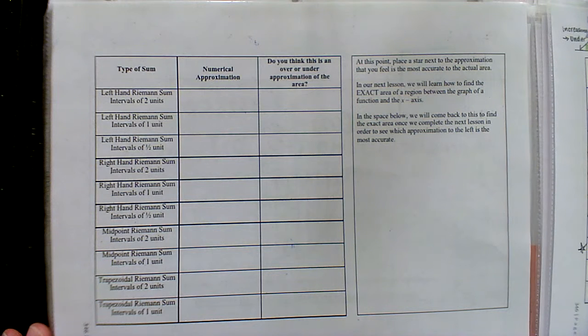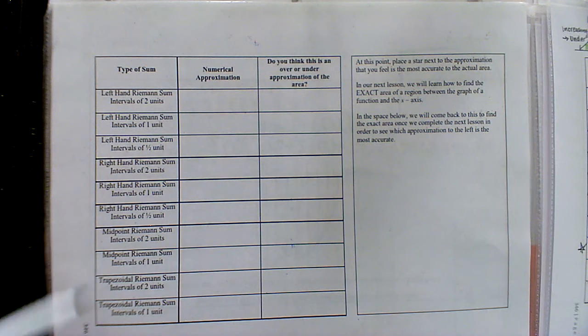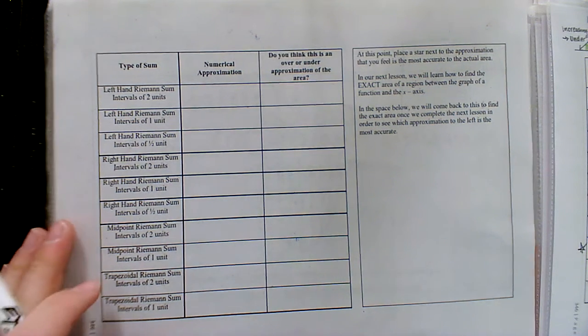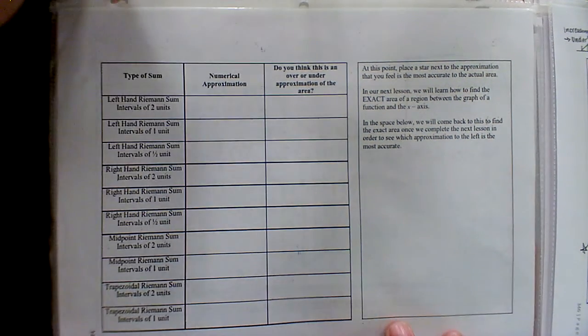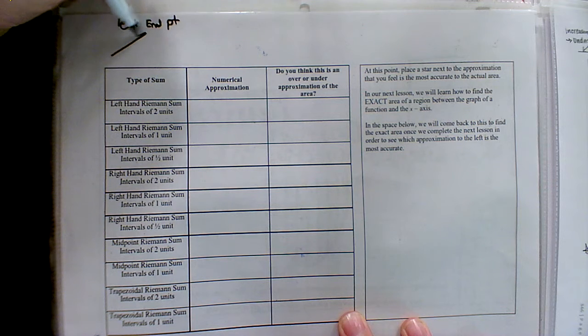Before we start filling this in, let's think of what we've gone through already, because we're going to look at left hand, right hand, midpoint, and trapezoidal. Up at the top, just as a reference, you have a left endpoint, and you have some kind of function that's going in this direction.